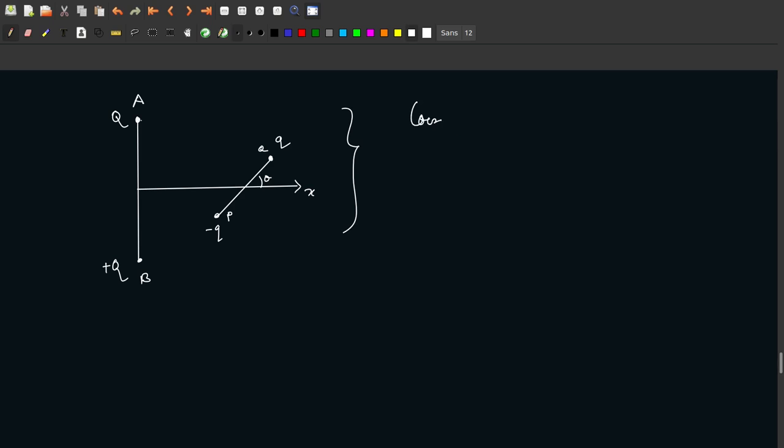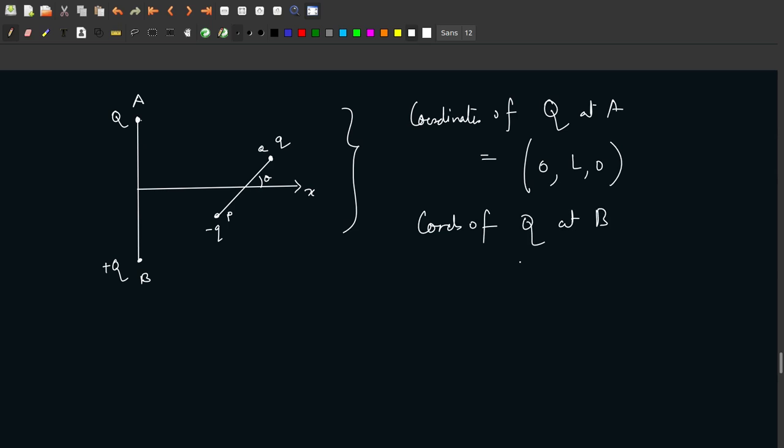The coordinates of the charge plus q at A is 0, L, 0. The coordinates of capital Q at B is 0, minus L, 0.